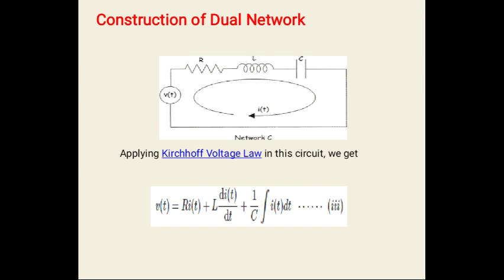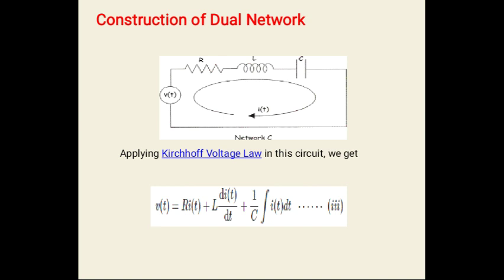Now, construction of dual networks. We see how dual networks are constructed. In the given circuit, there is a voltage source V and resistance R, inductance L and capacitance C connected in series, and current flowing in the network is IT. So similarly we apply KVL in this circuit.